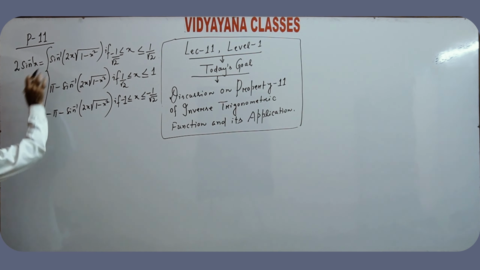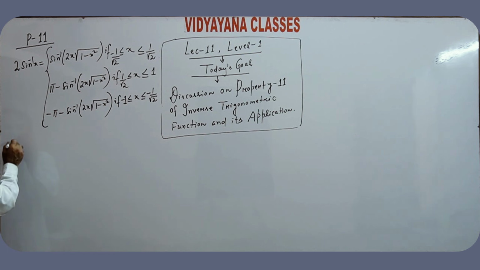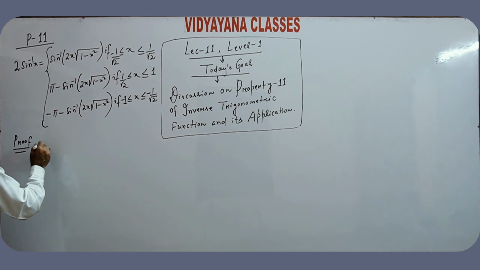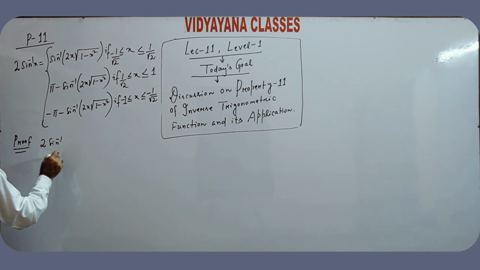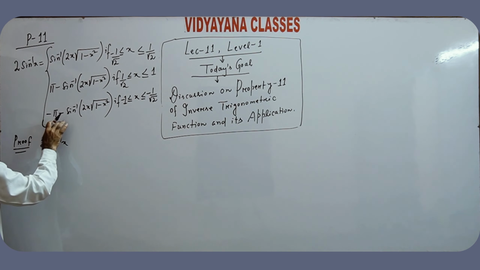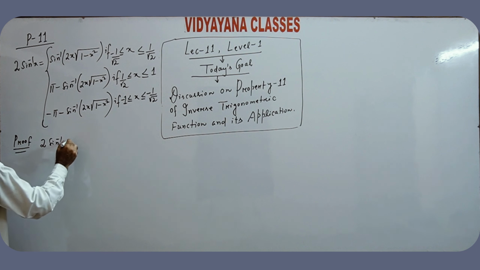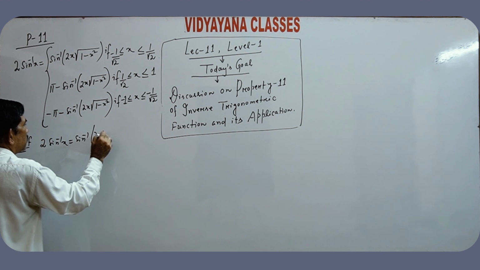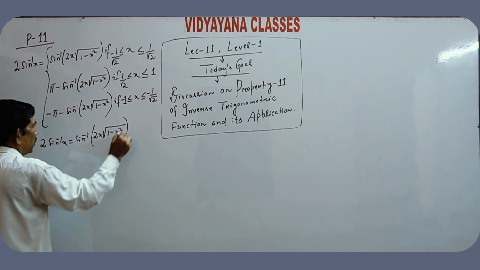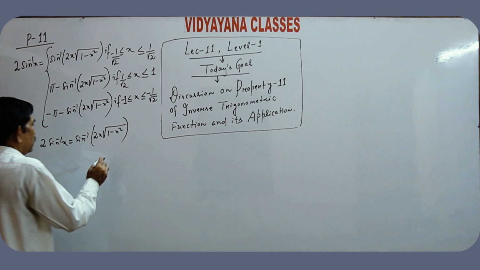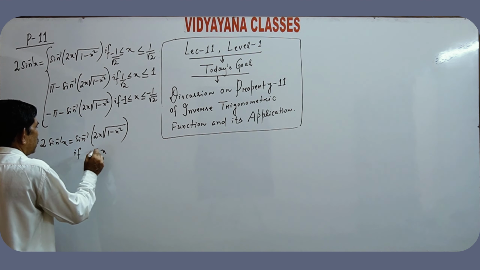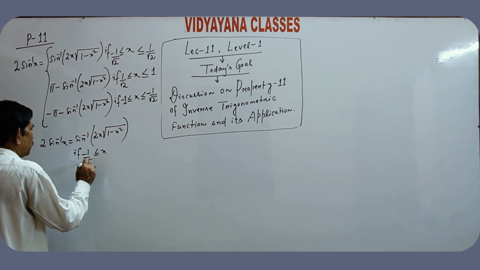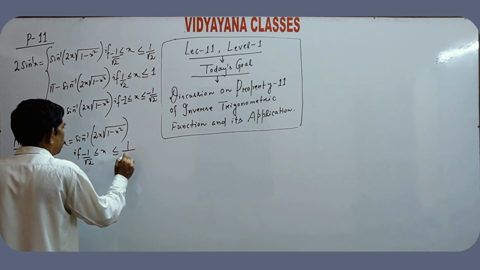Let us prove the first. Prove 2 sin inverse x. It is case 1, it is case 2, it is case 3. 2 sin inverse x is equal to sin inverse 2x into root of 1 minus x square if x is greater than or equal to minus 1 by root 2 and less than or equal to 1 by root 2.